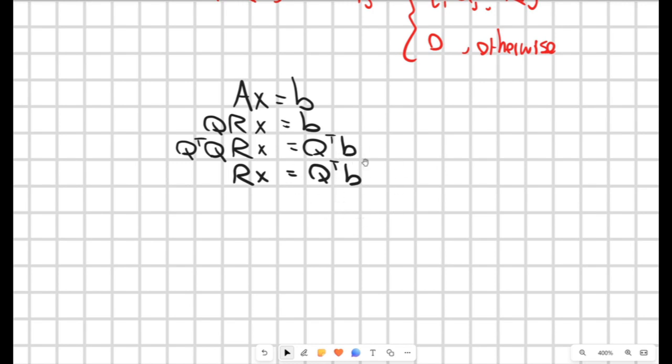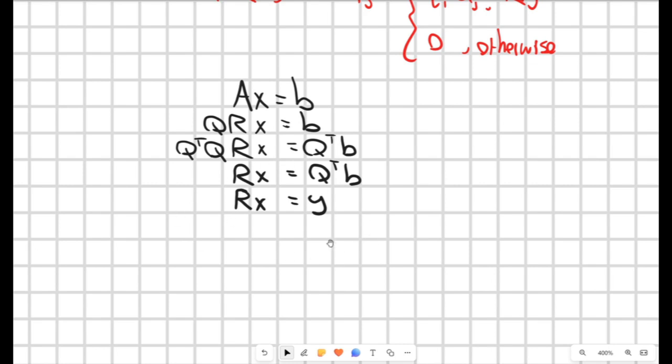So that's just going to be some other n by 1 vector. I'm just going to write that as y, just to keep the notation simple. So what we end up with is R times x is equal to y, where we want to find x. R is known and is upper triangular, and y is known as well because we know Q and we know b.